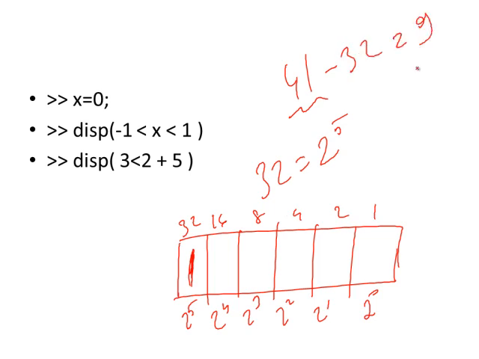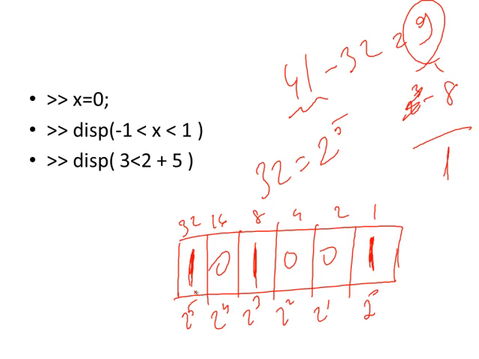I have 9 left. And I'll repeat the same process with this 9. The largest exponent of 2 is 2 to the 3, which is 8. So I'll put a 1 there. And then subtract that from my number. And I'll get 1. And that's going to be placed in the 2 to the 0, which is 1. And the rest are 0.